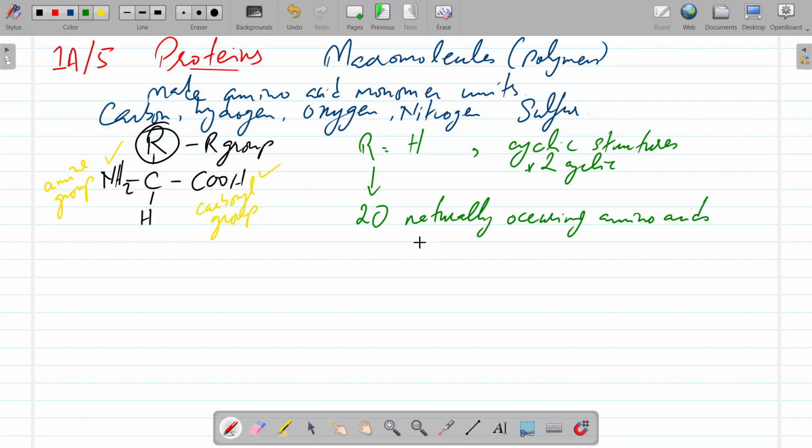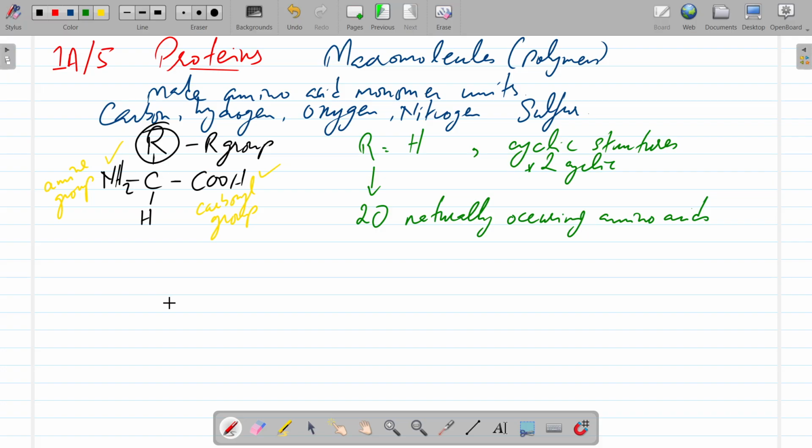Naturally occurring meaning they are sourced from nature, and as we know, it's basically plants that are the source of nutrition for the ecosystem. So they trap energy, photosynthesize, they get nutrients from the soil, water, and so they make the carbohydrates and the fats and the amino acids, and then the polymer structures.